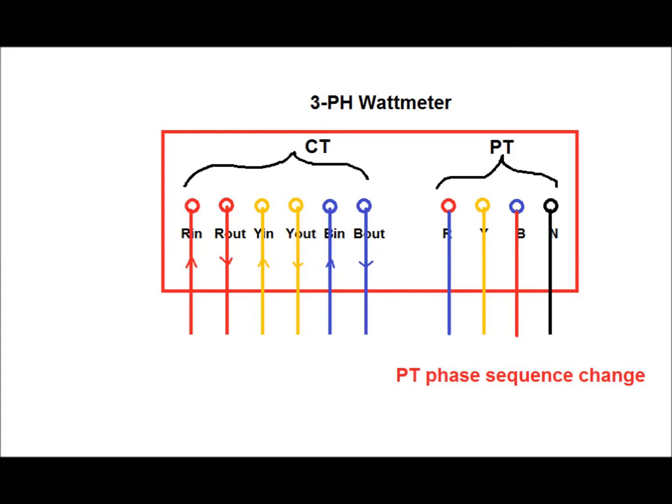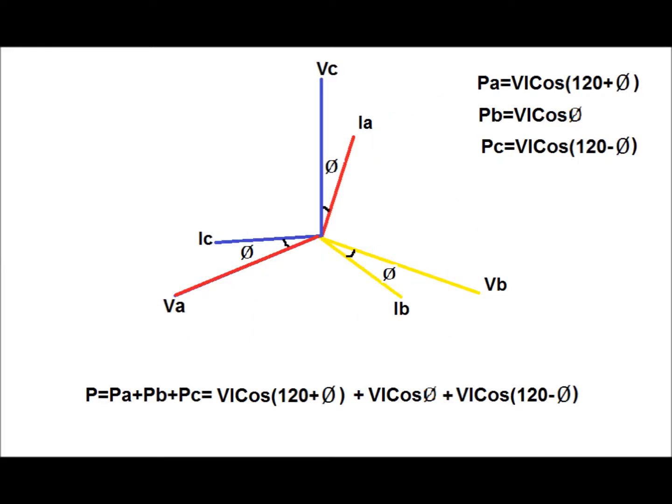Now we'll see what the output of the measurement circuit is. The phasor diagram as per the phase sequence in the wattmeter measuring circuit has been shown in this diagram. For red phase power, it is nothing but voltage into current and the cosine of the angle between voltage and current.